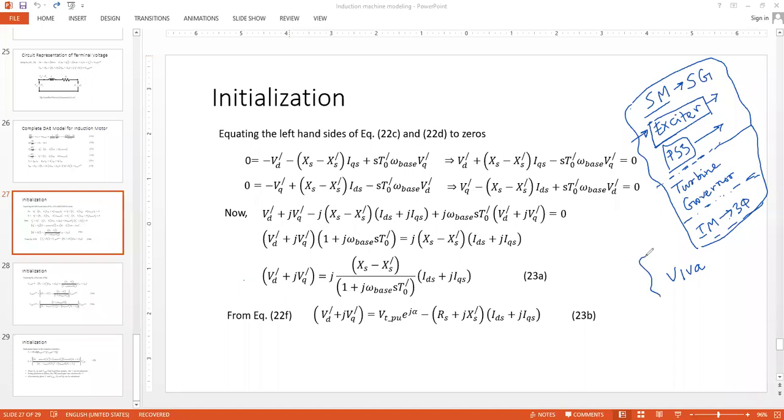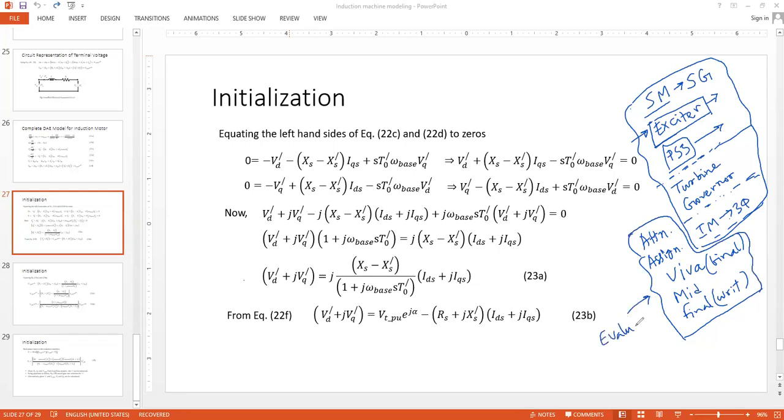So your final evaluation would be the assignments, the attendance, the final viva, the mid, and the final written exam. The viva would take place some time after the final exam. This is in total the breakdown of your final evaluation for this course.